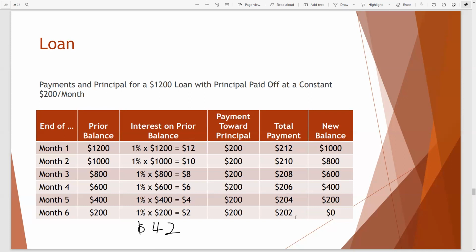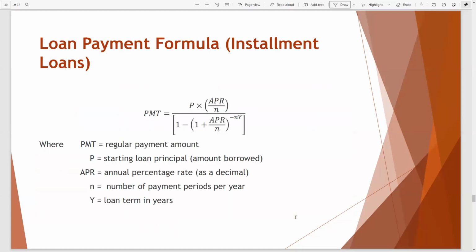That is the formula we need to find. Here again, people found the loan payment formula for us. For the principal we borrow, it applies the annual percentage rate, that's the interest rate, and the number of payment periods every year, which is monthly payments.